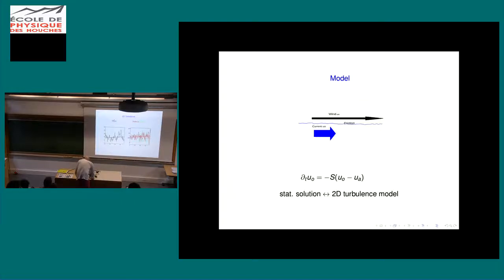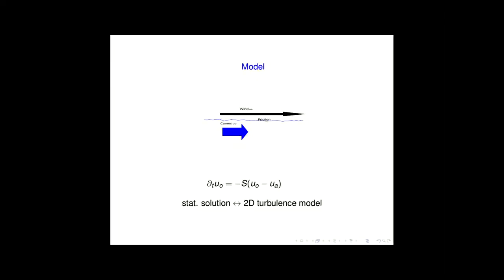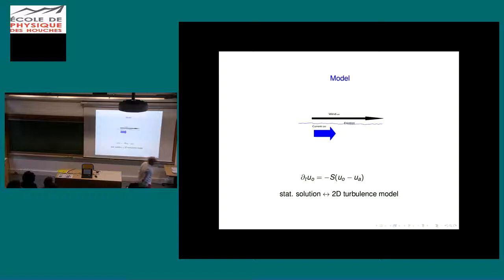To understand this, I started with the easiest model you can imagine, which is this here. Now I'm going to talk about local models, so zero-dimensional models. I'm neglecting the horizontal exchange of momentum, and now everything is 0D. I have one variable for the ocean and one variable for the atmosphere, and they interact.